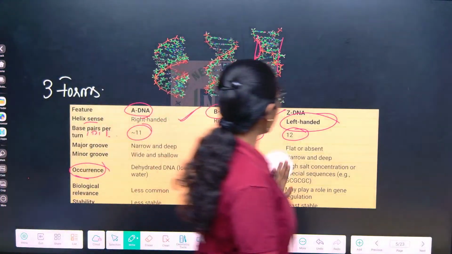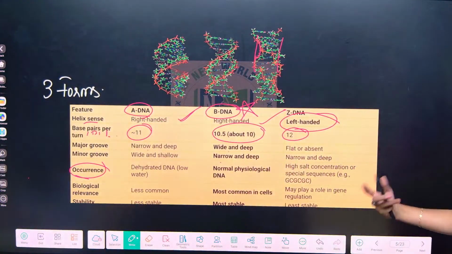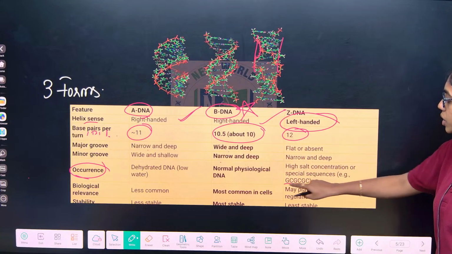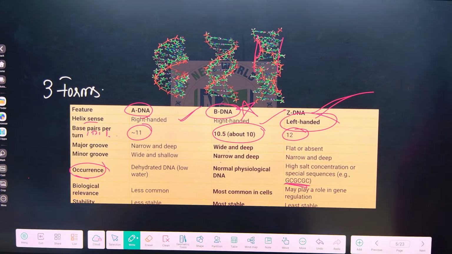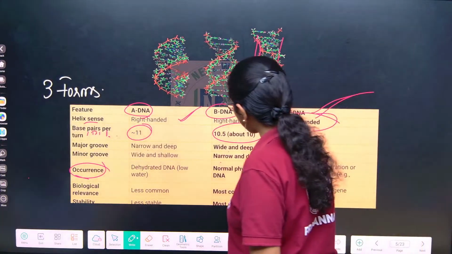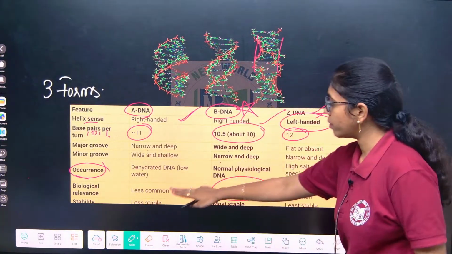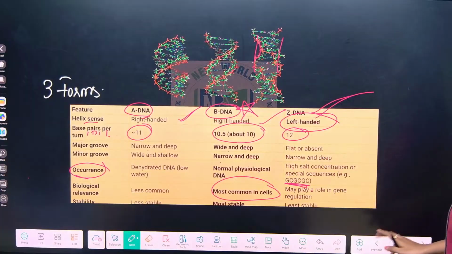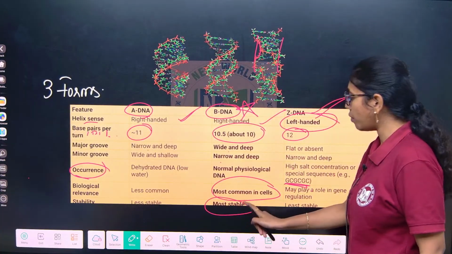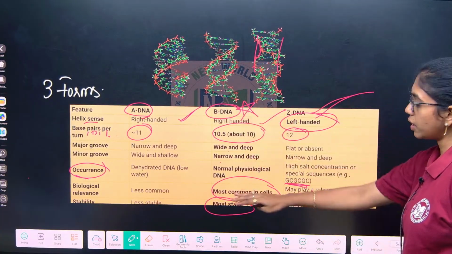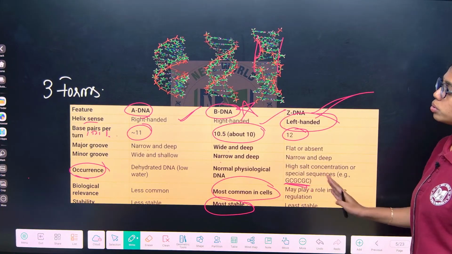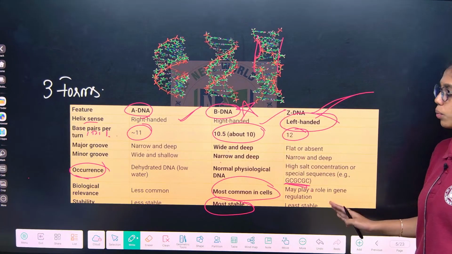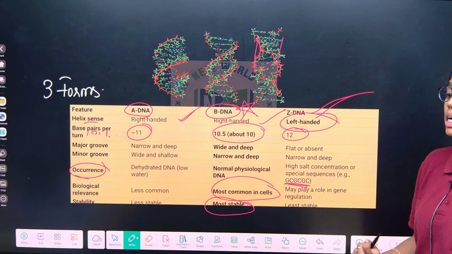Whereas in high salt concentration or special sequences, GC, such sequences, it will be Z pattern of DNA. Most common in all cells is B form. Stability also, the most stable form of DNA is B-DNA, these two are least stable. Okay. Once go through the differences clearly for 1 minute, and then we can move on to Chargaff's rule.